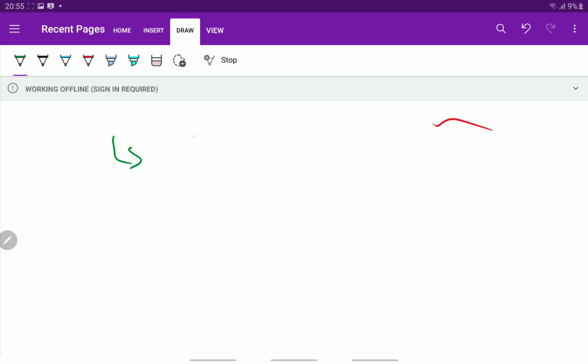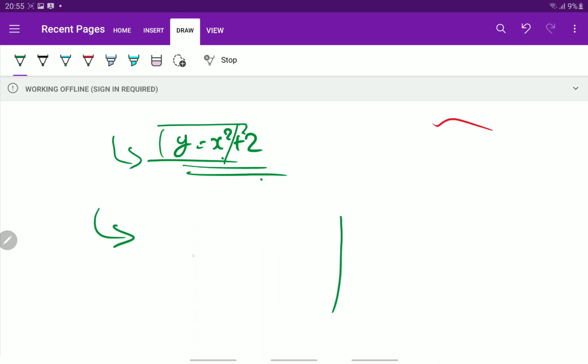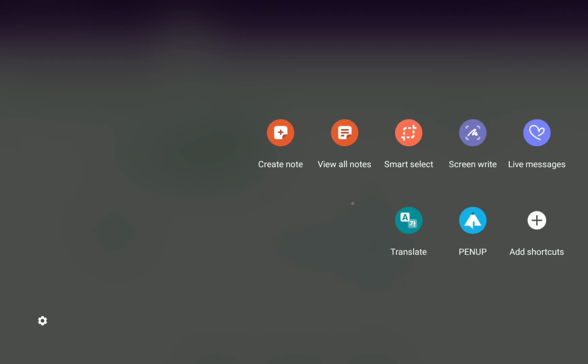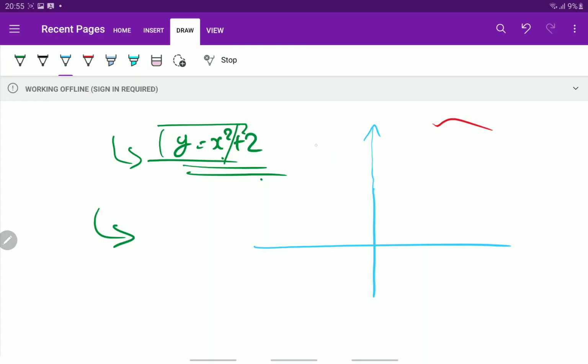So take an example such that y is equal to x squared plus 2. In this example, we know the function y is equal to x squared. Let's plot it. We know it's the basic form, so it's easy to plot. So y is equal to x squared is just this parabola.